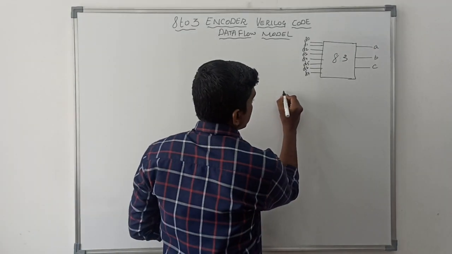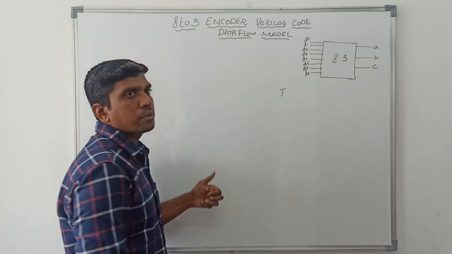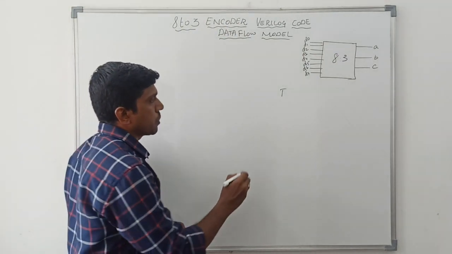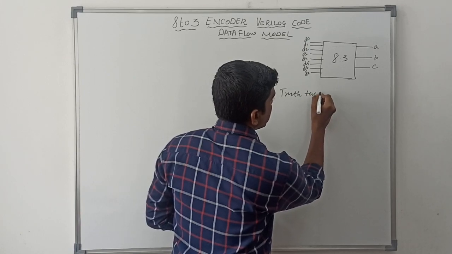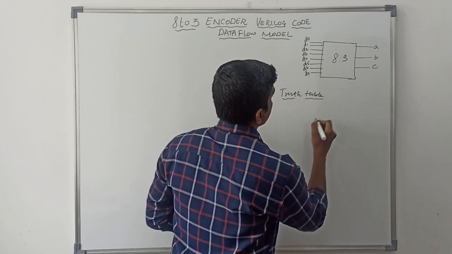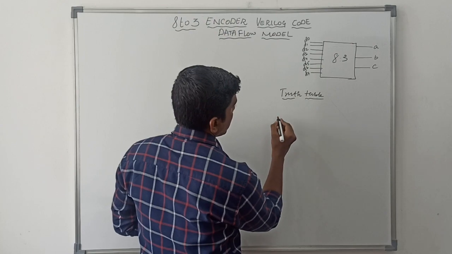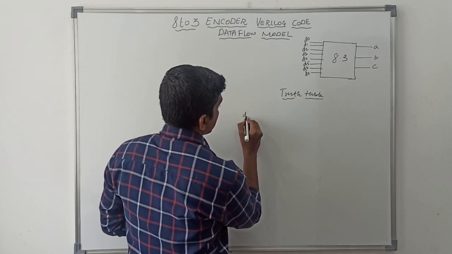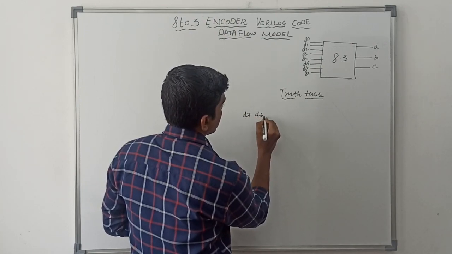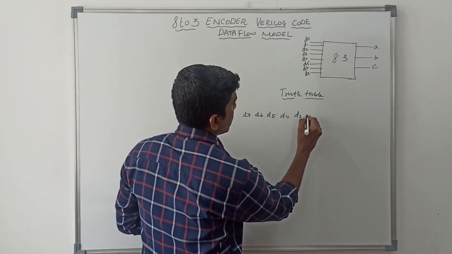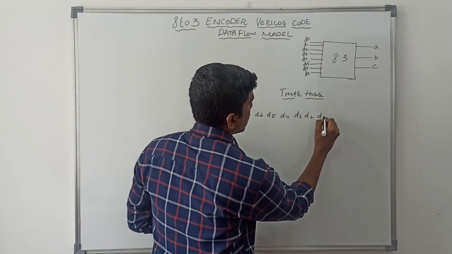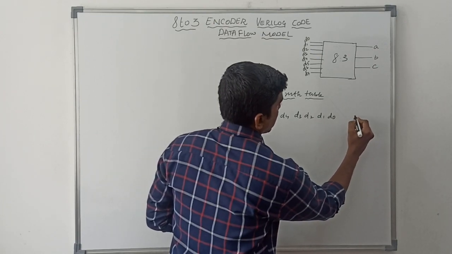Now I am going to write the truth table. Based on the truth table, we write the Verilog program. So, truth table. The input variables are D7, D6, D5, D4, D3, D2, D1, D0.